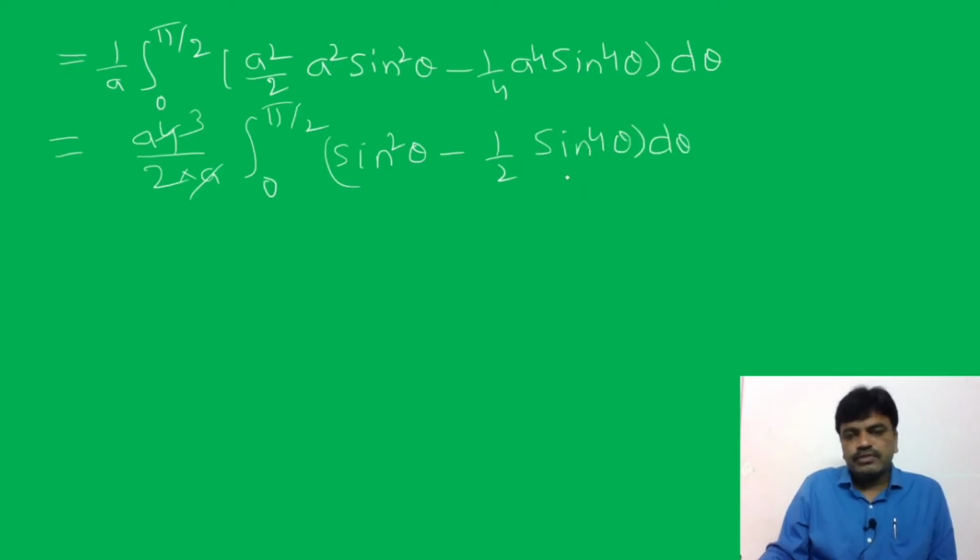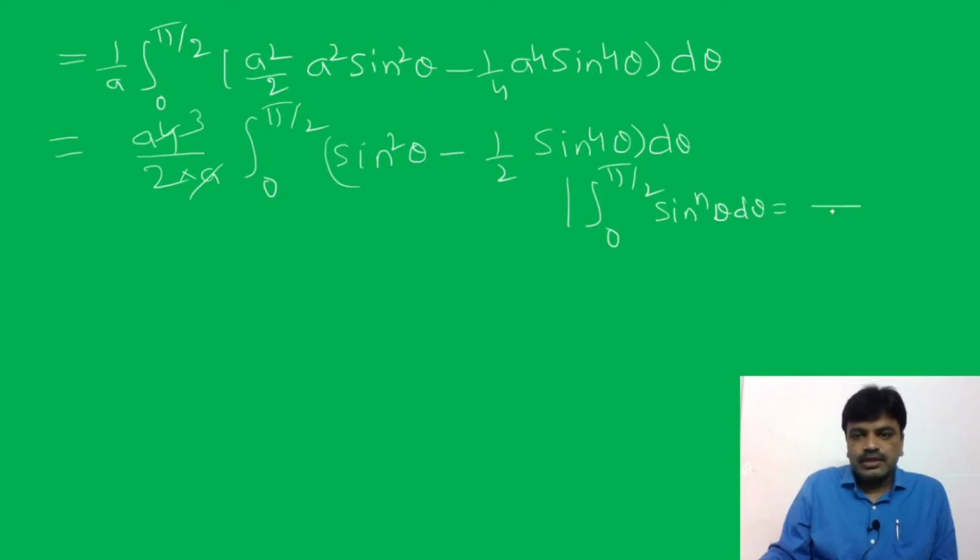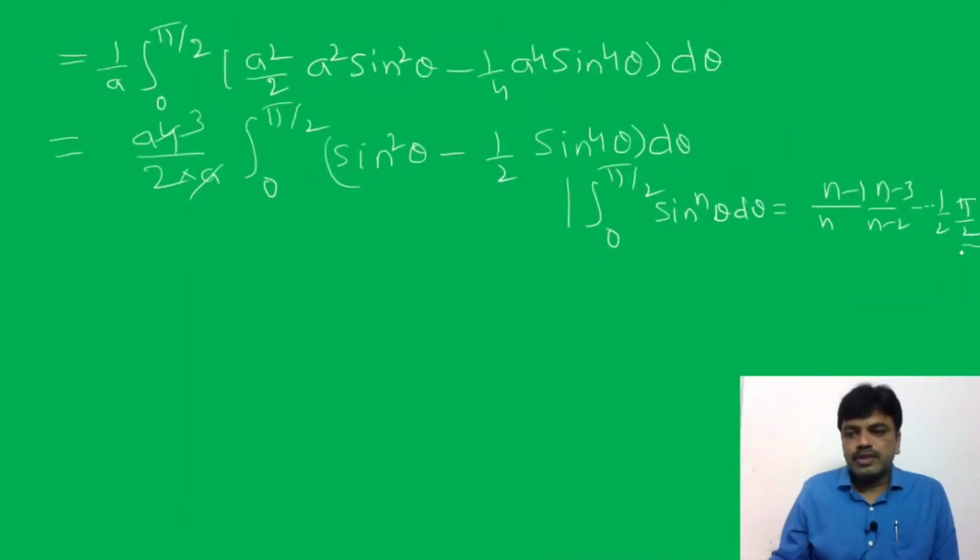Now we have one formula, friends. What is the formula? Integral 0 to pi by 2, sin power n theta d theta, that is equal to (n minus 1)(n minus 2)(n minus 3) and so on, by n(n minus 2) and so on, ending in 1 by 2 into pi by 2, when n is even.